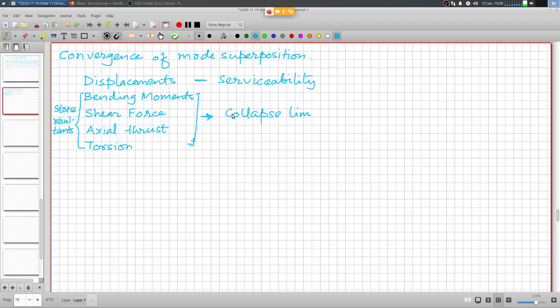Collapse is rather a dramatic word, I would rather say ultimate limit states.